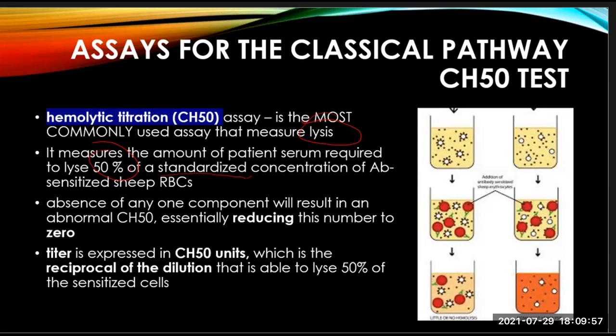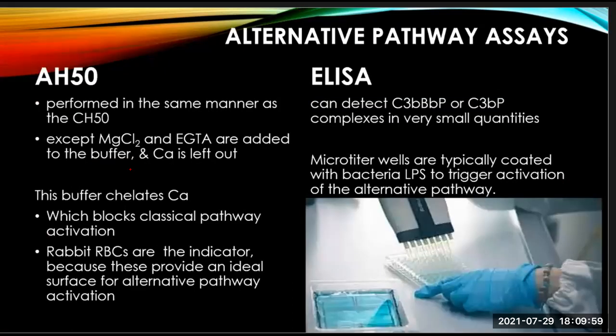So, ganun siya. We also have the alternative pathway activation assay, and it can be measured by several different means. May dalawa. An AH50 assay test can be performed in the same manner as the CH50. Pwedeng same lang naman yung style ng AH50 sa CH50.